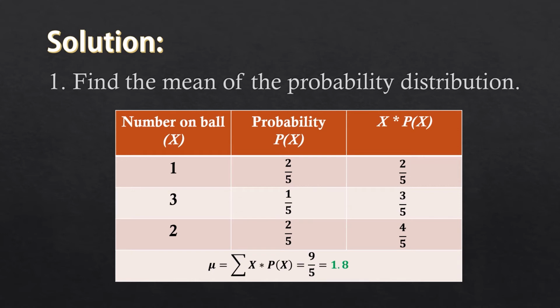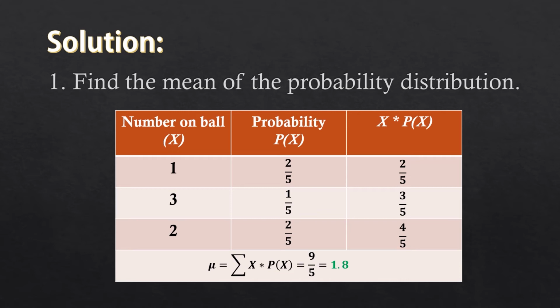We just add 2 plus 3, that is 5, plus 4, that is 9, and copy the denominator, since all these fractions have the same denominator, which is 5. So 9 divided by 5 is equal to 1.8. So the mean of this probability distribution is 1.8.